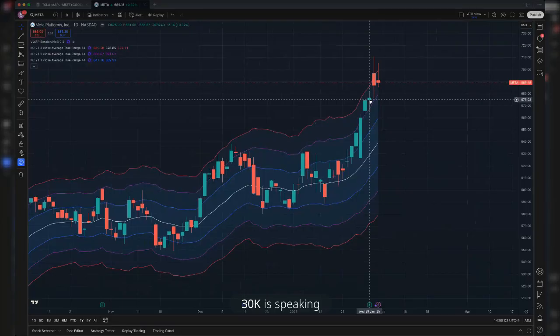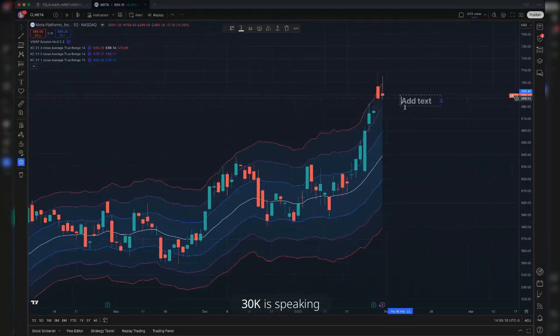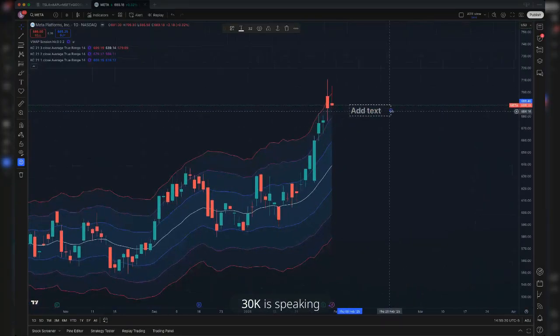If you were buying a 700 call option, it was probably something like $10 in premium, right? So it would have been purely extrinsic value. We'll just call this a hypothetical.